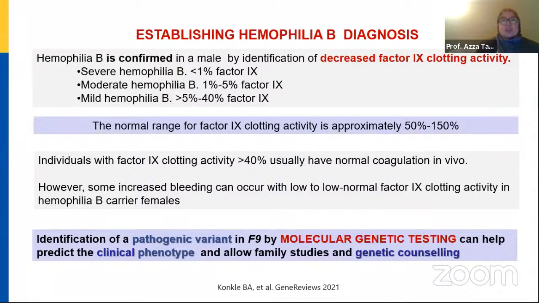Activity, not the antigen. This is very important. The normal range of factor IX activity is 50% to 150%. Usually individuals with factor IX more than 40% do not bleed. However, some increased bleeding can occur with low normal factor IX in hemophilia B carrier females.